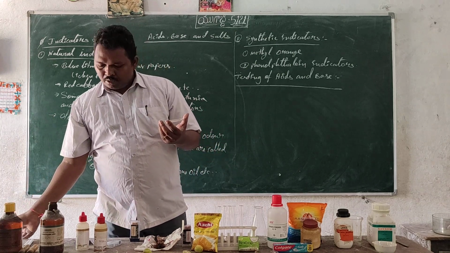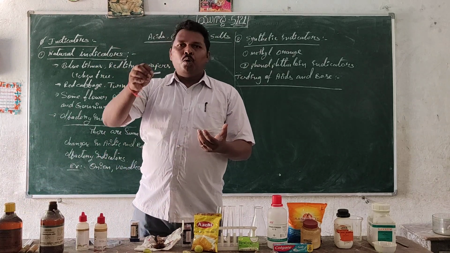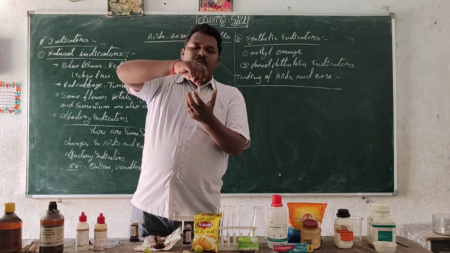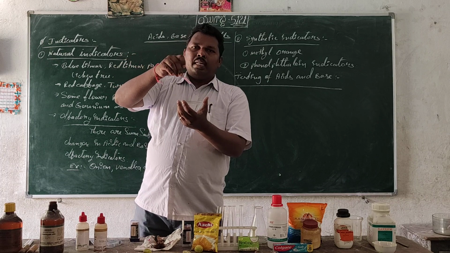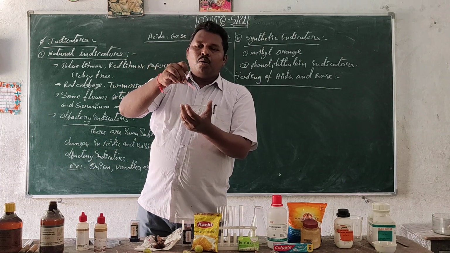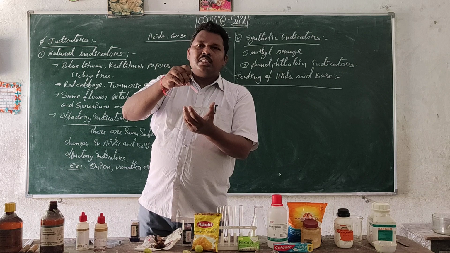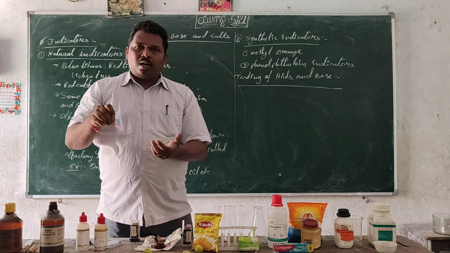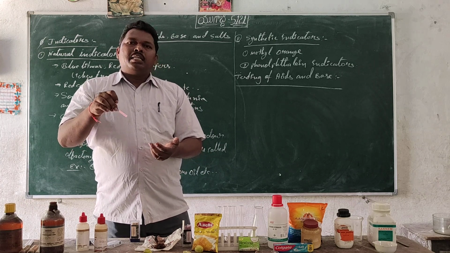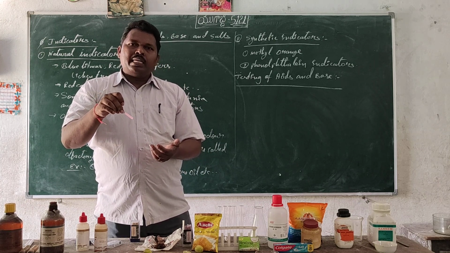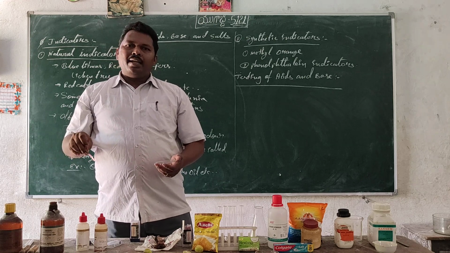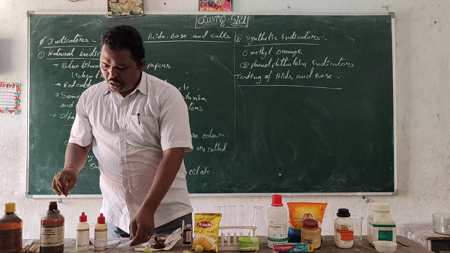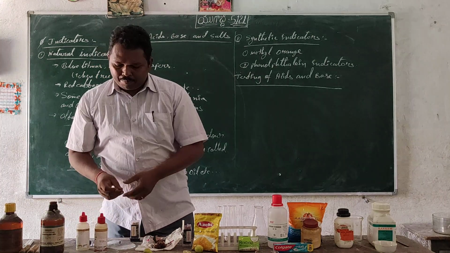We test it with blue litmus paper. The blue changes, converts to red. So that means we identify acids when blue litmus changes into red; this type of objects indicates acids.